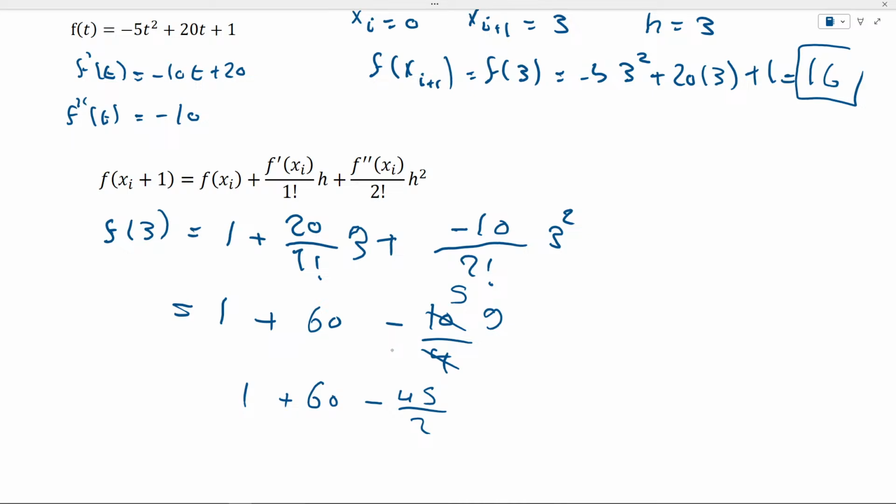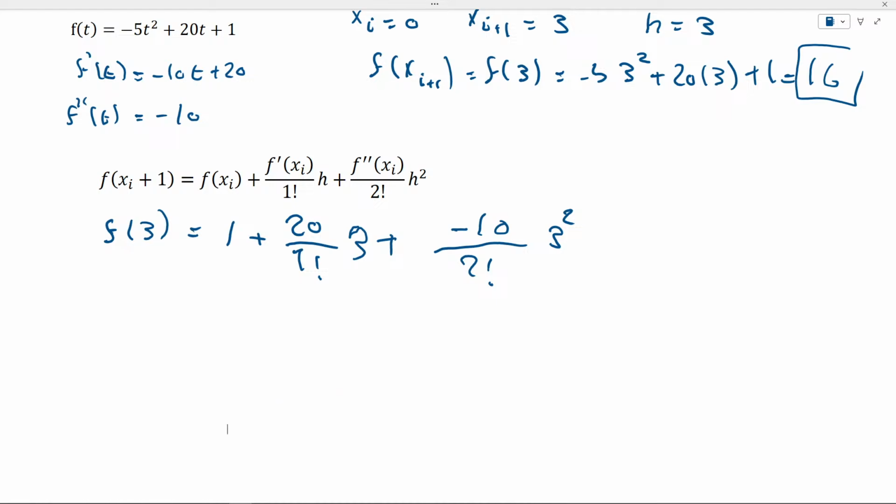Did I do something correct here? Okay, let's see what I'm doing here. Let me do it again. Doesn't look correct. So this is correct. So let's just do this again. This is 1. This is plus 60.